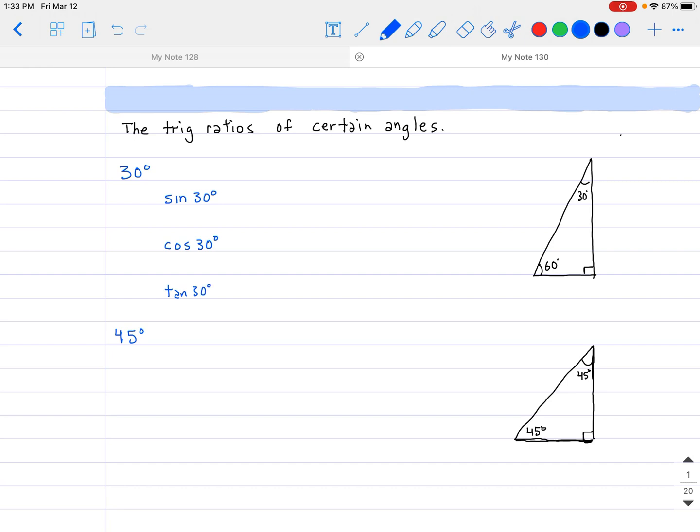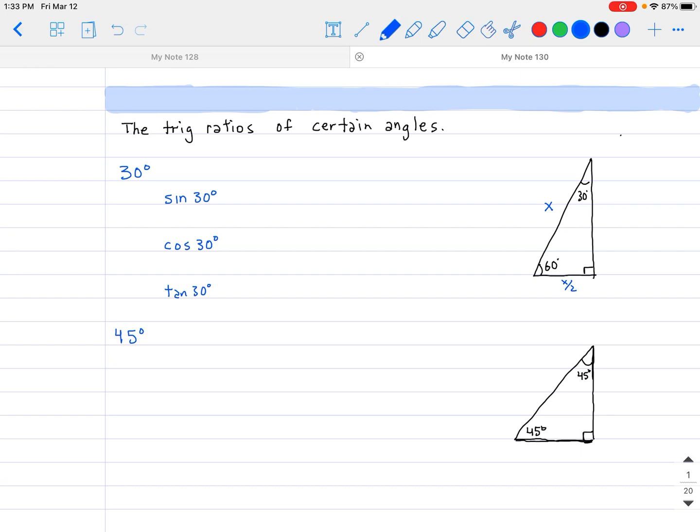Now, you can see on the right-hand side there is a picture of a 30, 60, 90 triangle. In a 30, 60, 90 triangle, there are special ratios that we can set up. If the hypotenuse is x, then the side opposite the 30-degree angle is half of that, so it's x over 2.